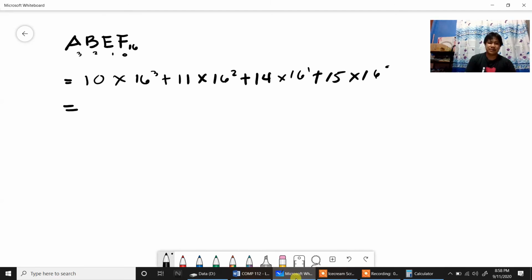Okay, so let's try to segregate. 10 times 16 times 16 times 16. How much is it? We multiply three 16s. 16 times 16 times 16 is 4096. Okay, plus we have 11 times 16 times 16.